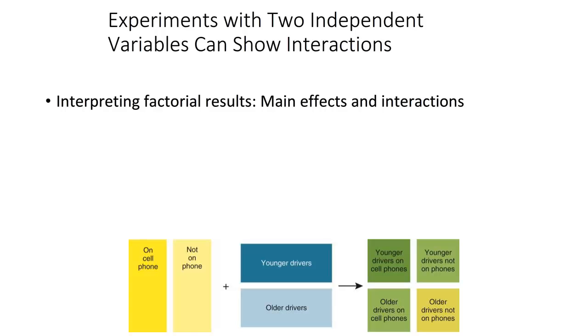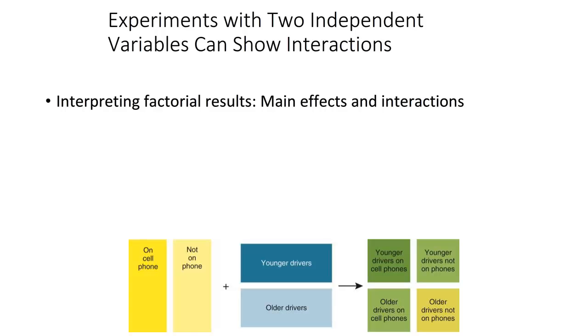With interactions, we can actually ask a slightly different question because these levels of our two independent variables can be combined to actually create four cells of people. So when we combine these two independent variables, we'll have a group of younger drivers on their cell phones, a second group, younger drivers not on their cell phones, and then we'll have older drivers on cell phones and older drivers not on their cell phones.